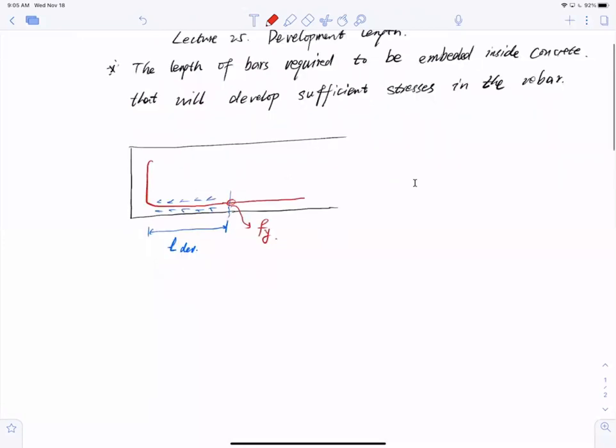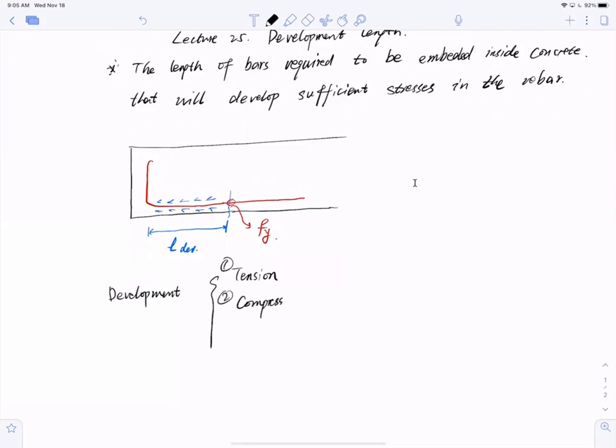We'll go into detail about it right after this, but let's quickly talk about the types. In terms of development length, we have development length in tension, which is definitely in tension because it's at the bottom of the beam, and we have development length in compression.